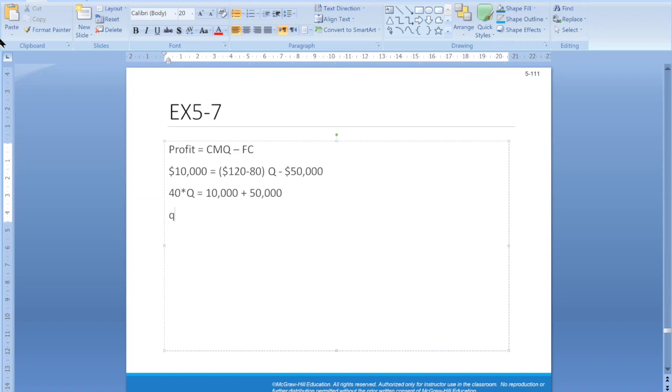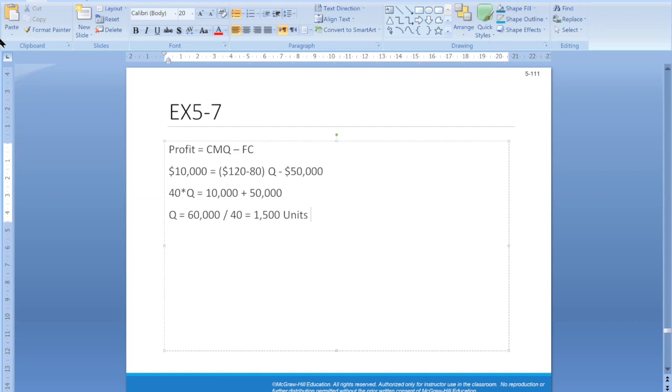Okay, so Q will equal what? 60,000 divided by 40, and this equals 1,500 units. This is the quantity to be sold in order to get that profit, which is 10,000.